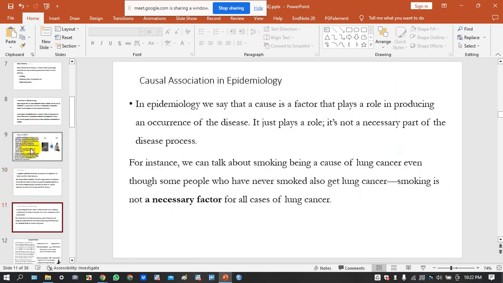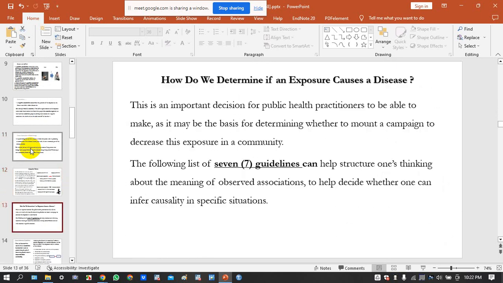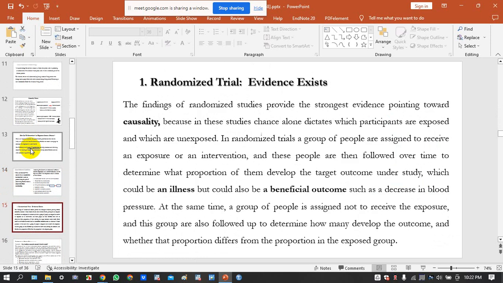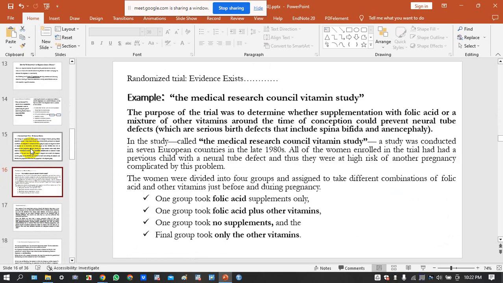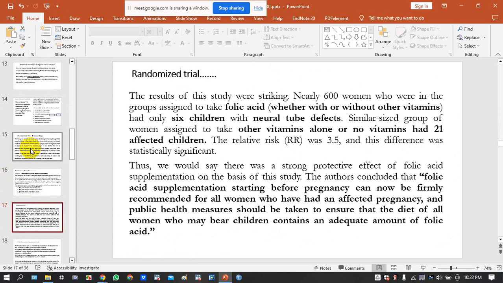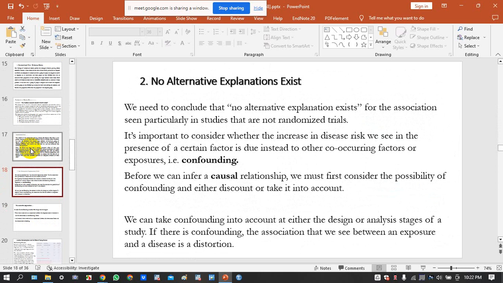Okay, so we have finished randomized control trial. So we are on no alternative explanation. If there is an alternative explanation, it means that there is a confounder.